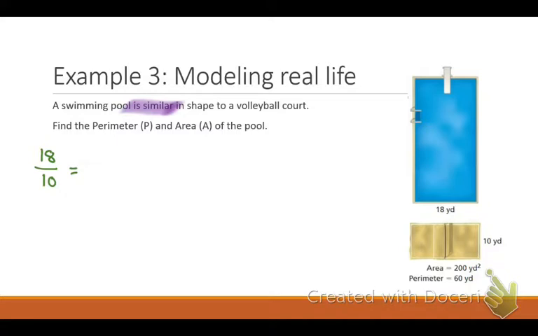No, I don't know the perimeter of my pool. What's the perimeter of my tennis court? 60, right? So I have pool over tennis court on both sides. Now you can do your cross products to solve.